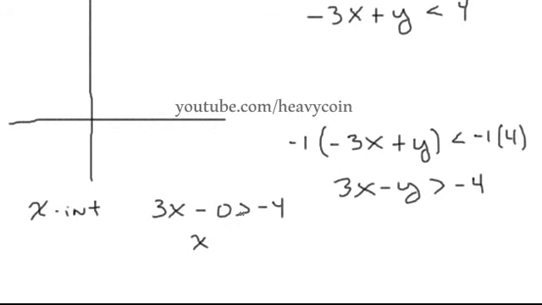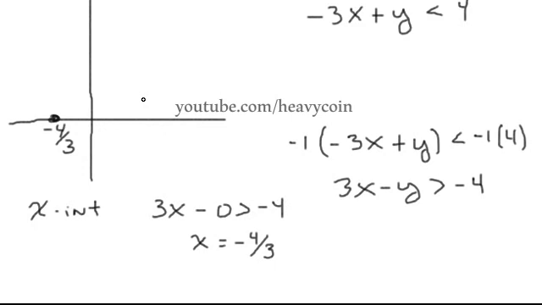Now we could just write an equal sign right here, because we're just trying to find where it crosses the x-axis. So don't be confused. This becomes -4/3. We multiply both sides by 1/3, and we get -4/3. So we know that it crosses the x-axis right here.